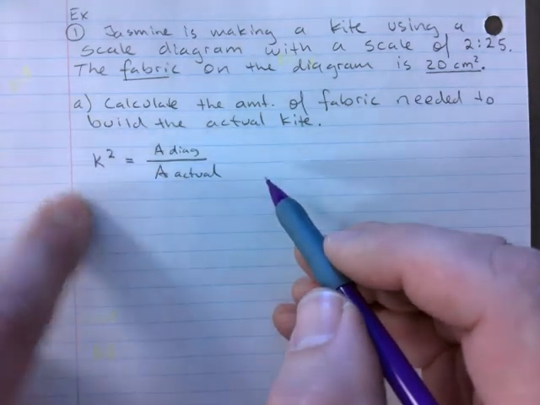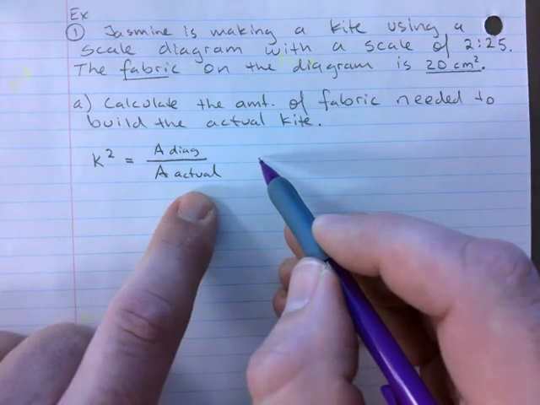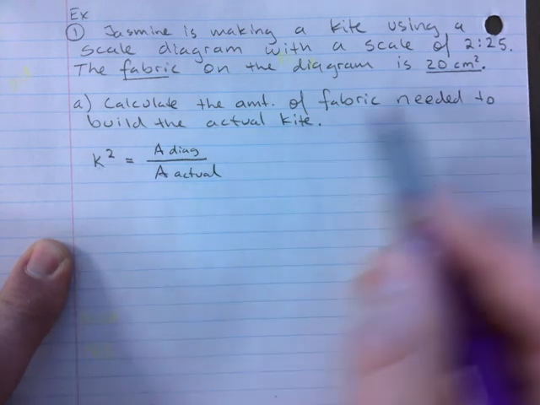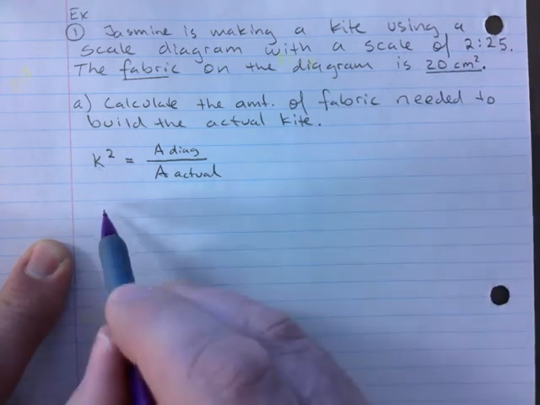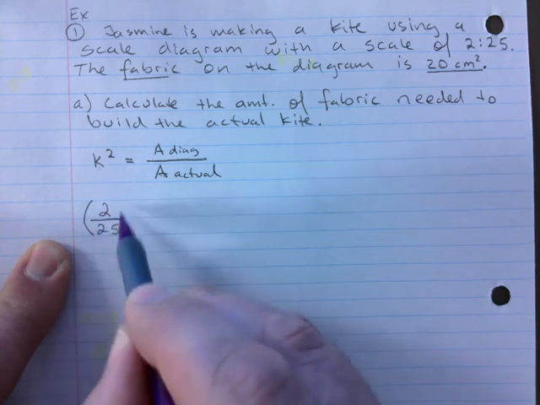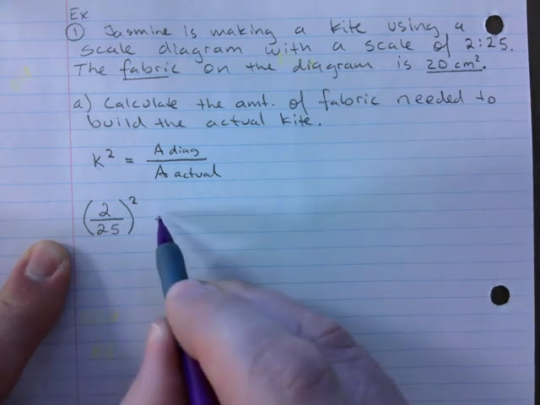So you have to use this because we're dealing with areas. And so the scale factor, you already know, it's 2 to 25, right? We can replace that like this. But don't forget to square it. If it's a decimal, you still put the decimal in and square it.